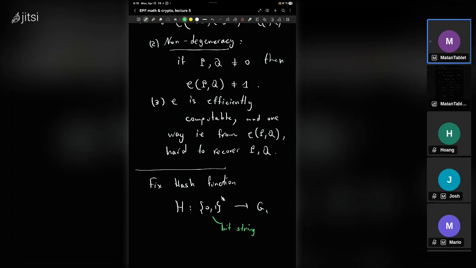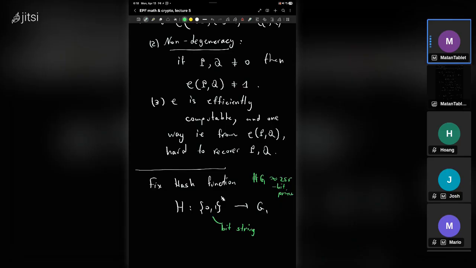And to get a hash function into a group, well, you can assume, for example, that the order of G1, which is prime, is some 256-bit prime, and then you can identify the set of 256-bit sequences with the elements of G1.